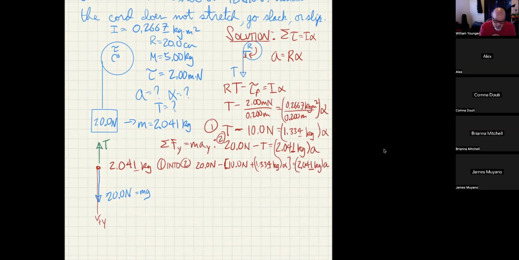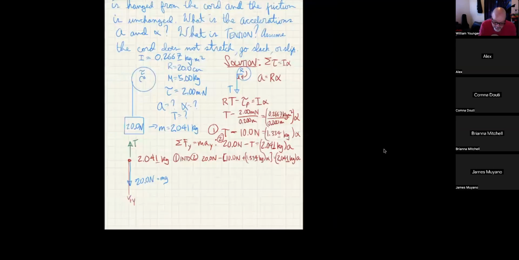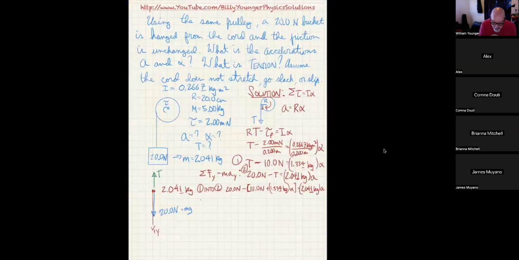Okay. I can make this a little simpler by writing 20.0 newtons minus 10.0 newtons minus 1.334 kilograms times alpha is equal to 2.041 kilograms times A. All right, so now I can see I've got two unknowns, but I can actually use this equation right here, which I'm going to call equation 3.